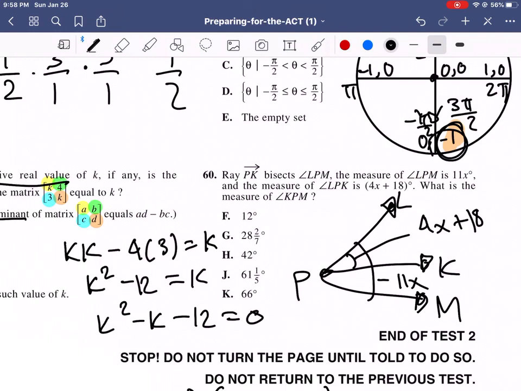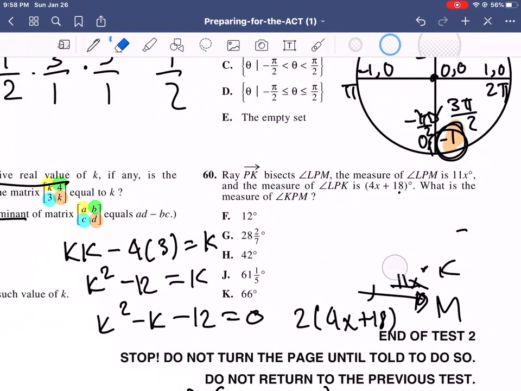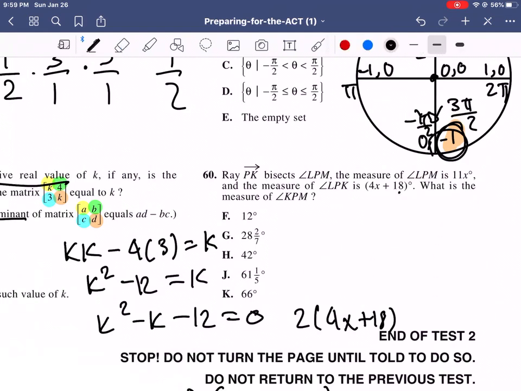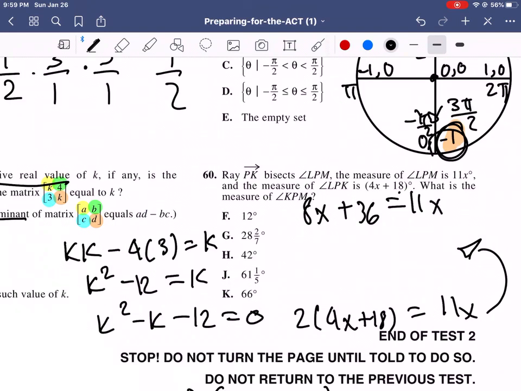You know that if two of these equal this, you can use the equation 2 times the quantity of 4x plus 18 equals 11x. So then you just go 8x plus 36 equals 11x, and then you subtract 8x from both sides, so you get 2x equals 36.